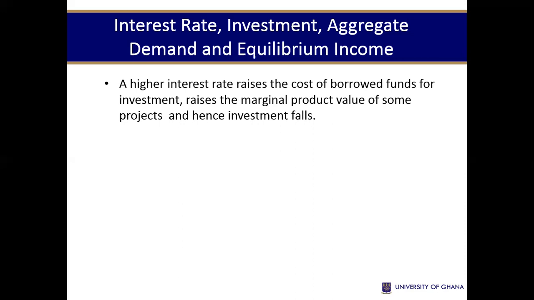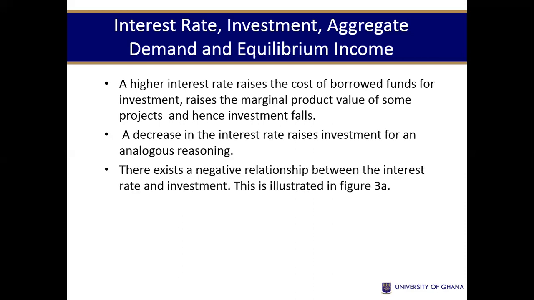And from the previous model that we looked at, we saw that whenever there's an increase in investment, it causes an increase in equilibrium income or output, which means that as the interest rates are affecting the investment, it is also affecting the level of output or the equilibrium income. Okay, so from the simple things that we've been looking at, we can say that there is an inverse relationship between interest rate and then investment.